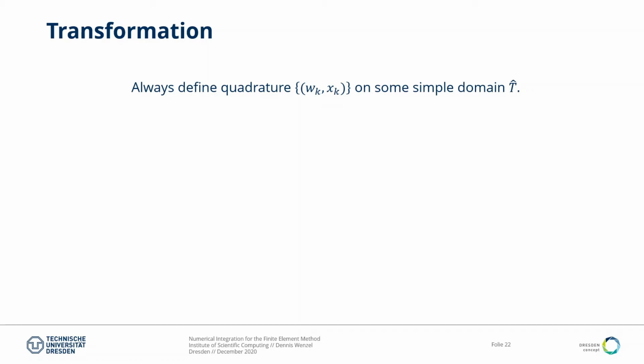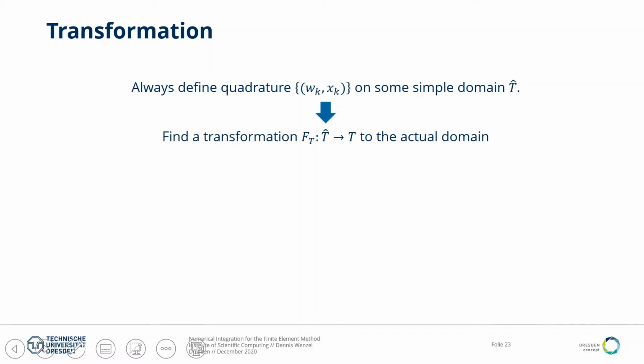Instead, we define the quadrature rule only on some simple domain, which we call T hat. And we find a transformation that maps between this T hat and different other integration domains. And then we transform the points and weights using an integral transformation.